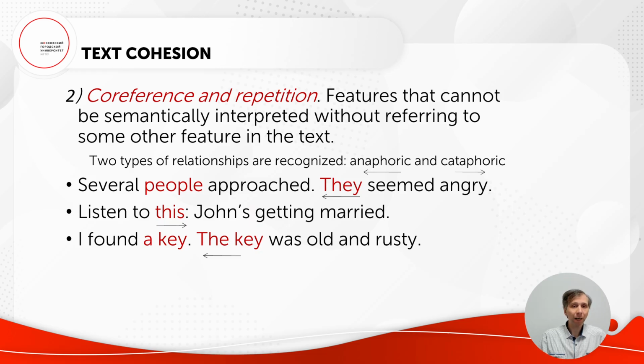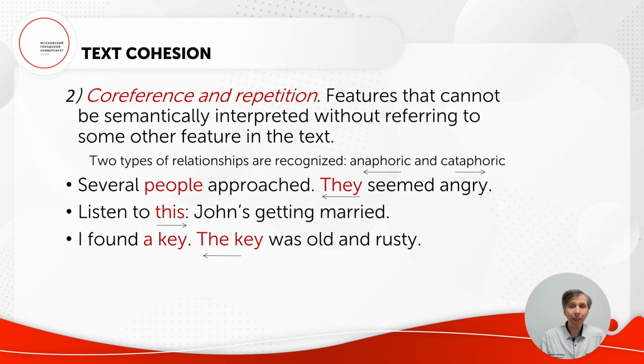The two main types of relationships are recognized. They're anaphoric and cataphoric. Anaphoric are the elements which look back, so they refer you to some earlier segments of the text, whereas cataphoric elements refer you to some subsequent elements of the text.